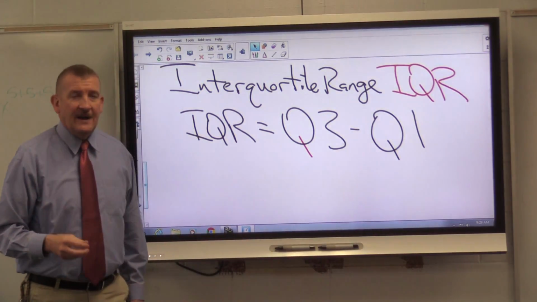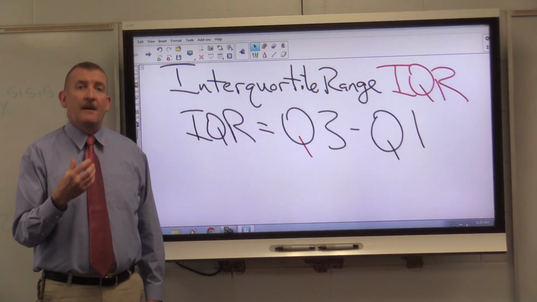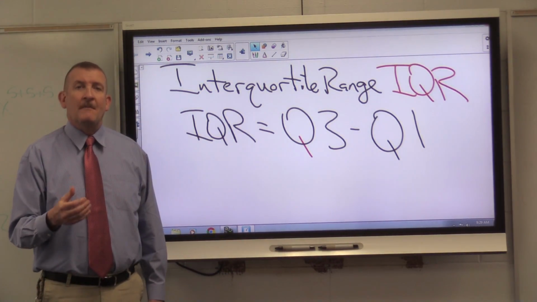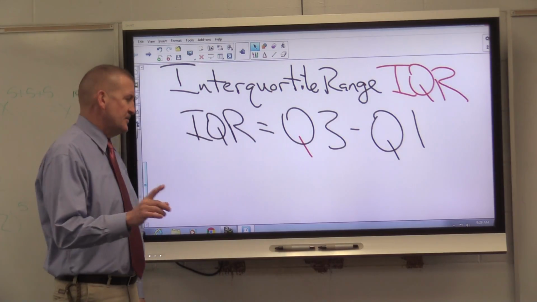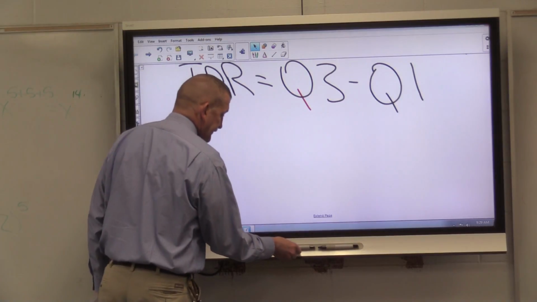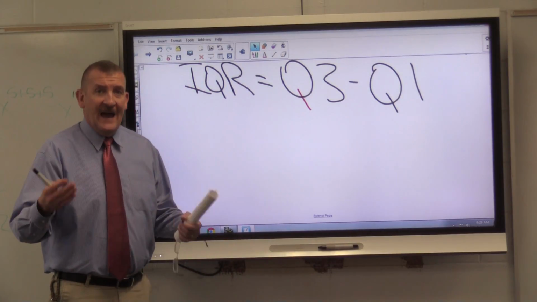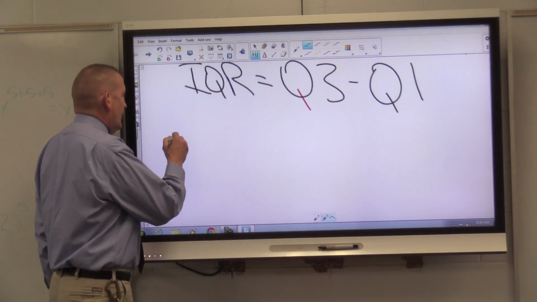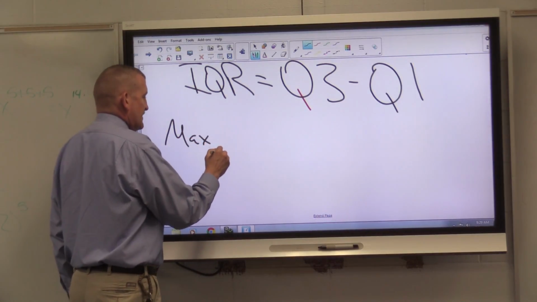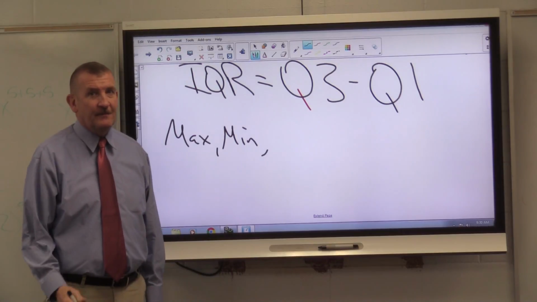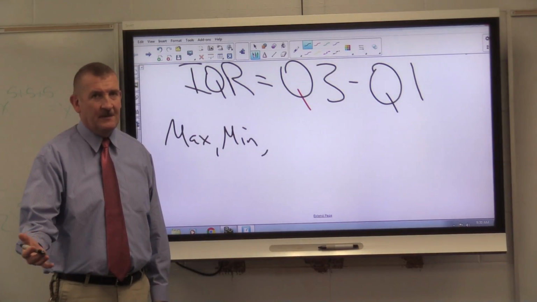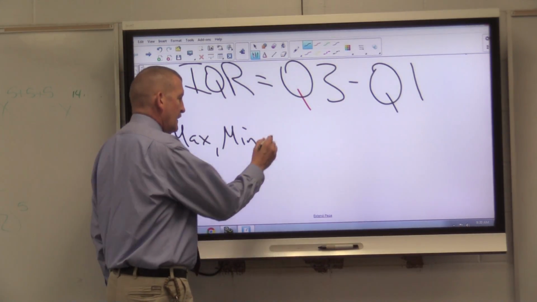My interquartile range you get by taking your upper or third quartile minus your lower quartile. Okay? So, to summarize, the values that I'm going to look for you to calculate: your maximum and your minimum, real easy. Everybody should be able to calculate the maximum and minimum values of a data set.